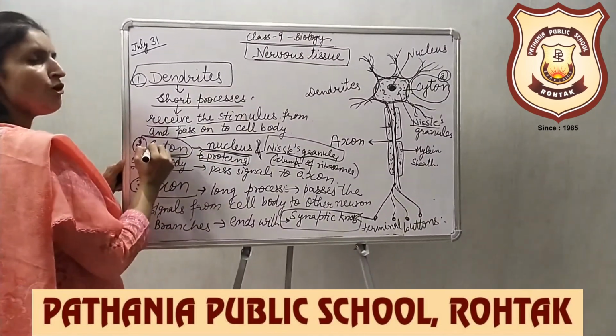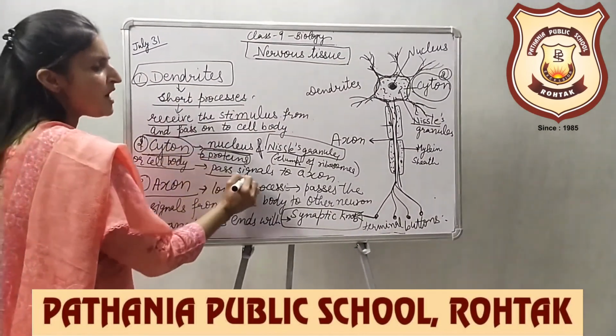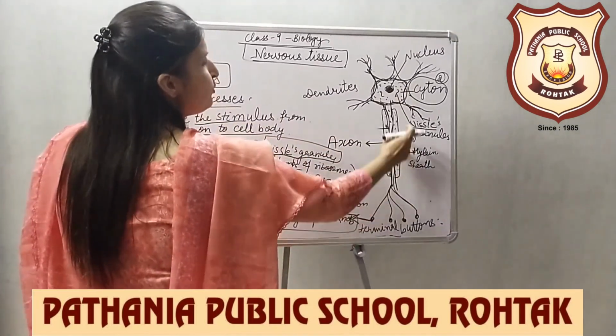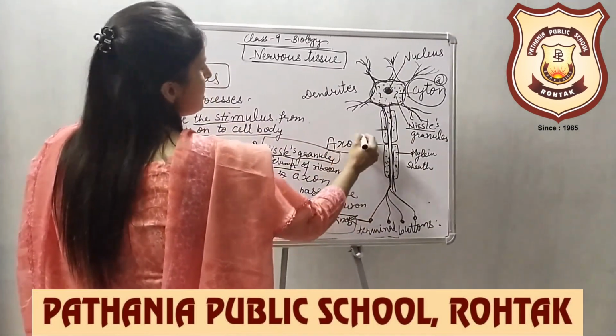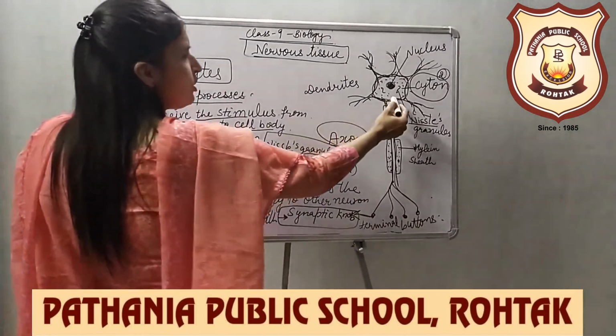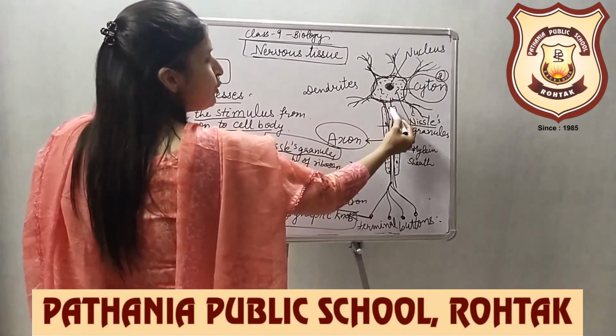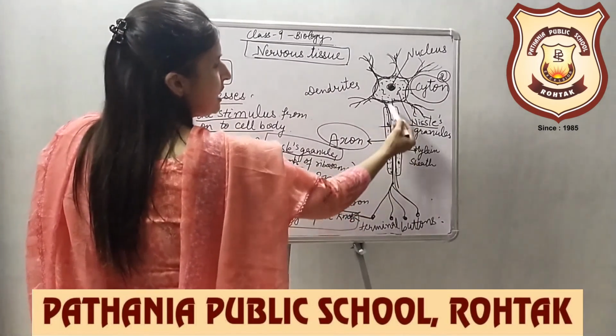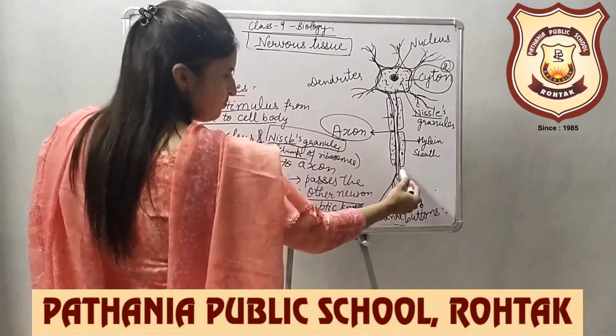The main function of the cyton is to pass the electrical signals to its long tubular process, that is the axon. Now what is the axon? The long single cytoplasmic process of the cyton is called the axon.